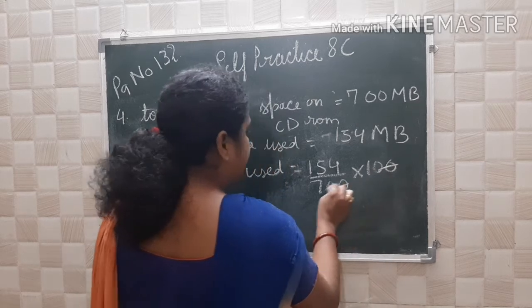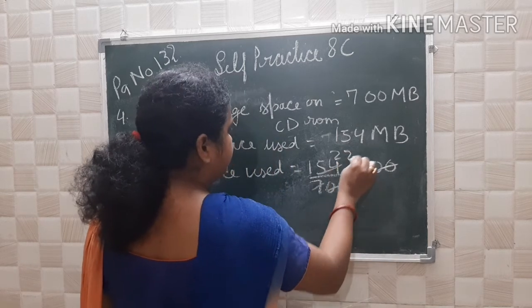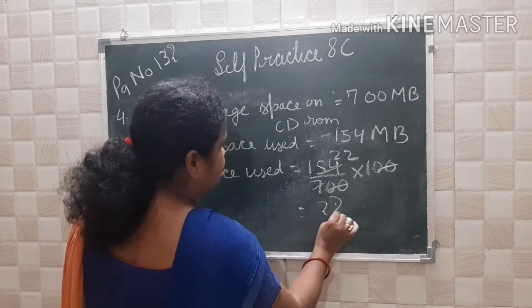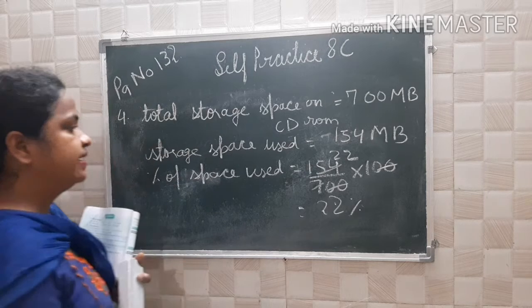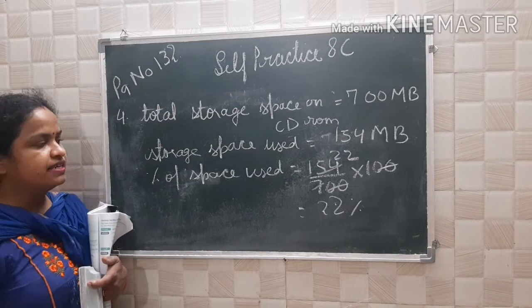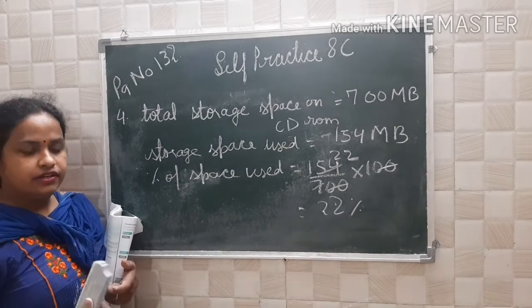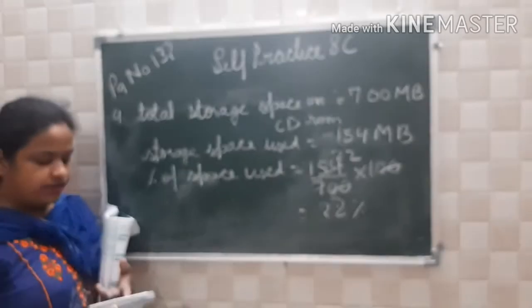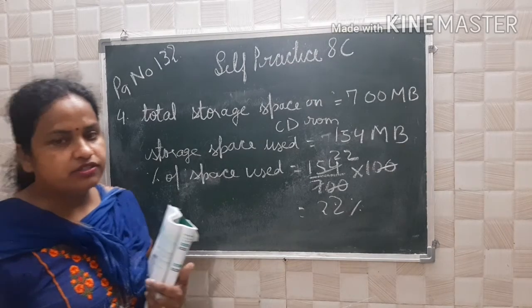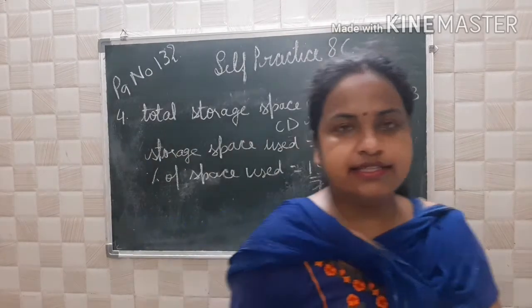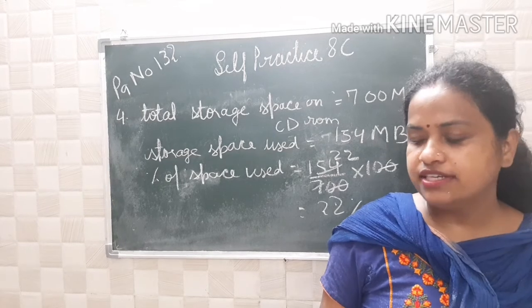The 0s cancel out. 7 2s are 14, so 22% of space is used. How much space is used? 22%. Okay, students? Till here it is clear to you all, or is any confusion still there?